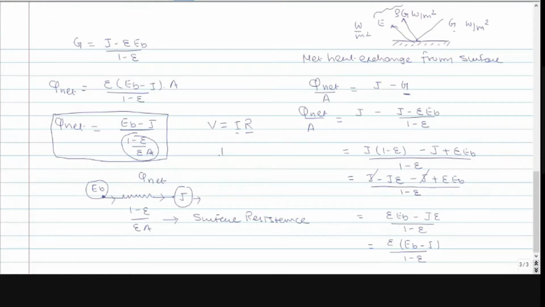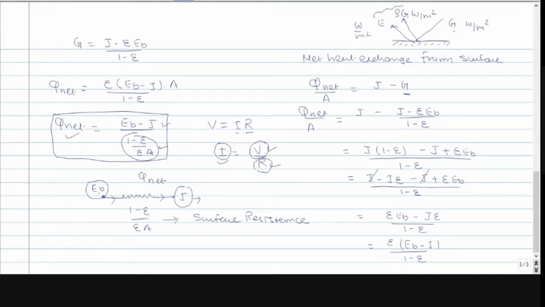If I rearrange the terms, it becomes I equals V by R. So now if you compare, Q is the heat flow in the thermal system, same as the current flow in the electrical circuit. EB minus J is the potential difference in the thermal system, same as the voltage difference in electrical circuits. And this denominator becomes the resistance as in electrical circuits.